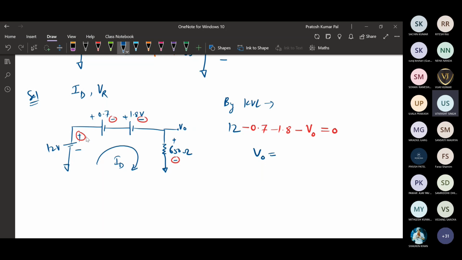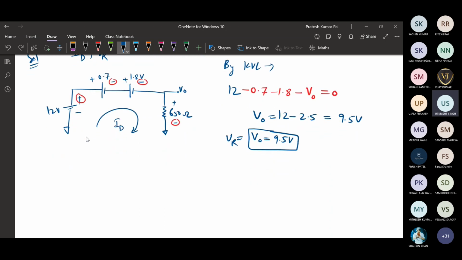So V naught is equal to 12 minus (0.7 plus 1.8), that is 2.5, which equals 9.5 volt. So V naught equals 9.5 volt, which is the voltage drop across the resistor.